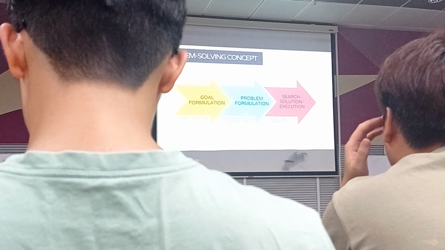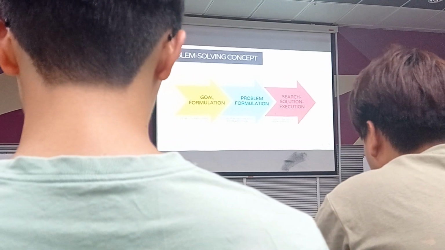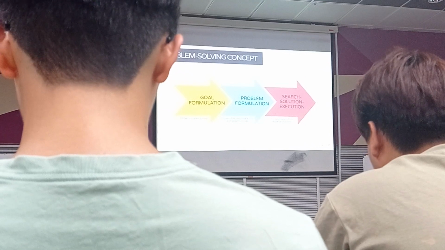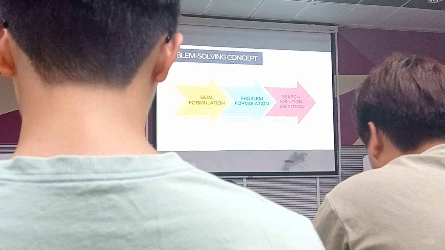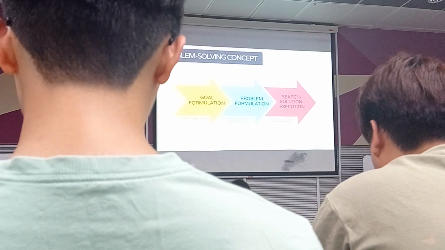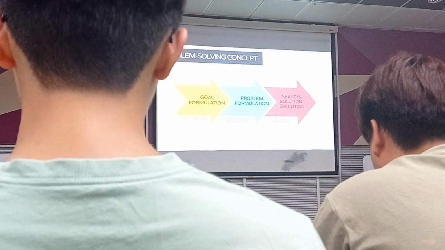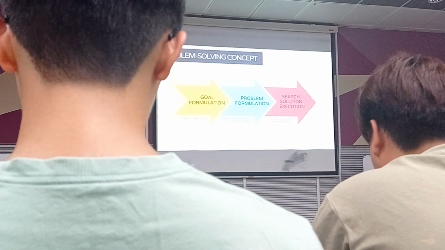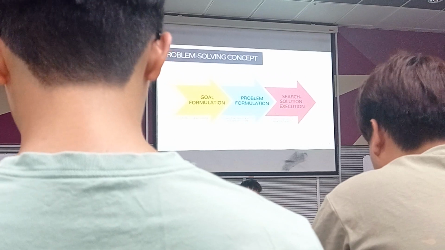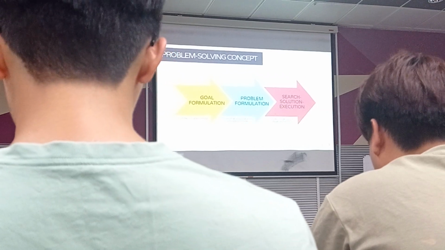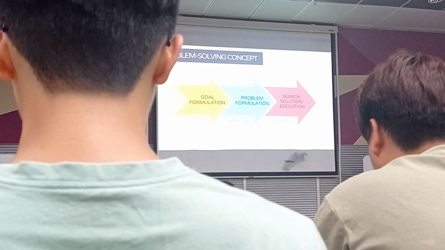Moving on to the problem formulations, we have 7 elements to cover later. Then only we decide what algorithm to use. Are you going to use heuristic search, blind search and others? These we will cover in the next lessons, next week and 2 weeks later. Today we will just cover goal and the problems.